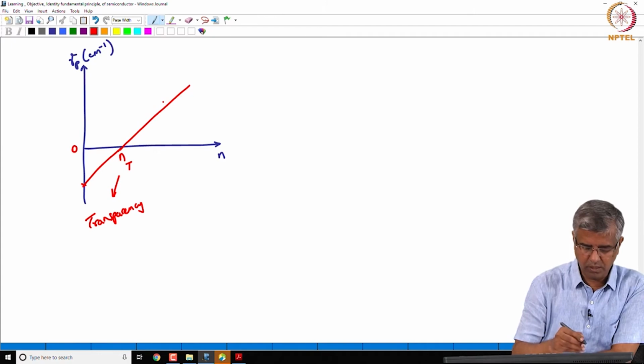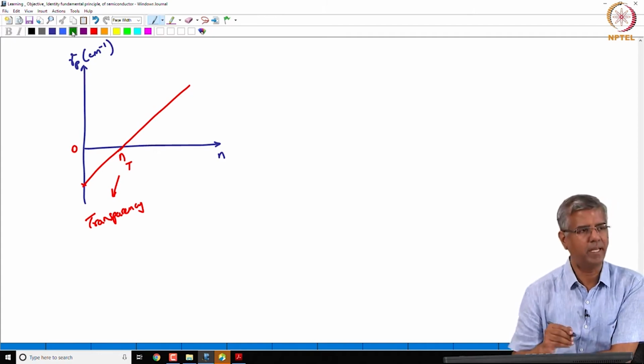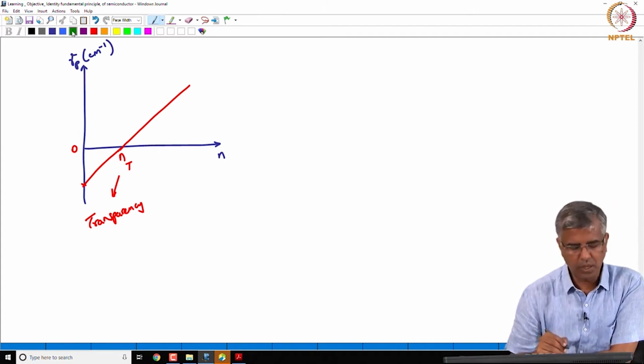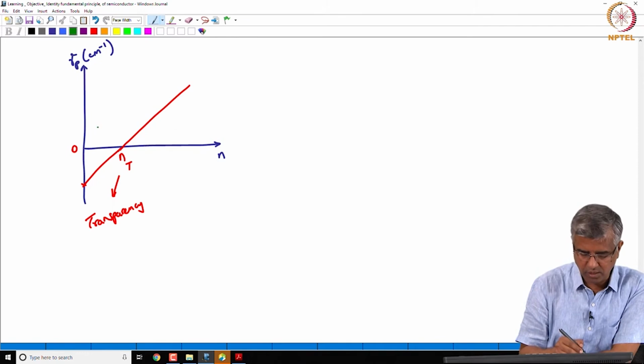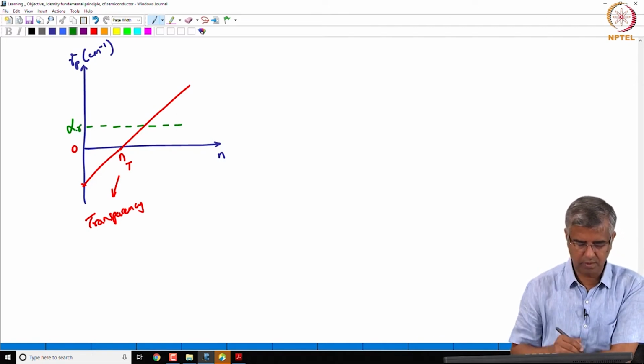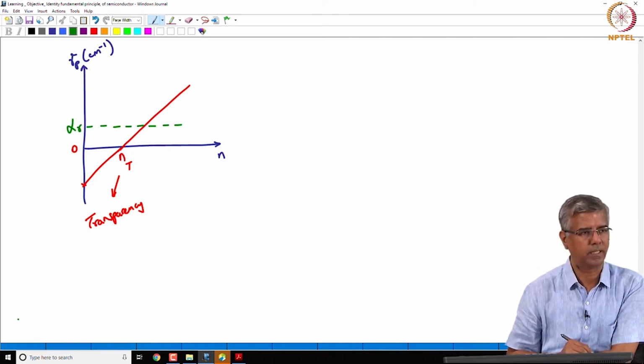Now comes this concept of when you make a laser, you have extra losses in your cavity. You could have background losses in the cavity as well as your mirror losses in the cavity. So, that extra loss level may be somewhere over here, alpha r.